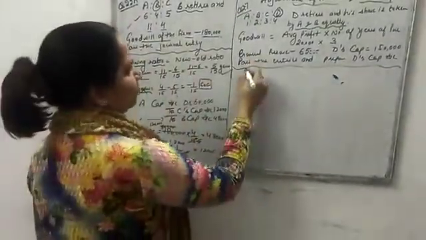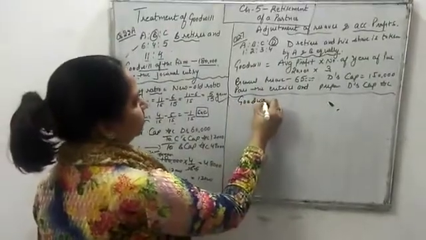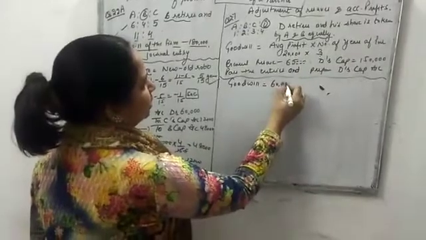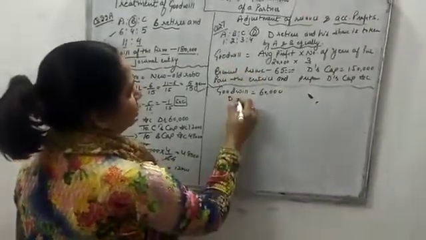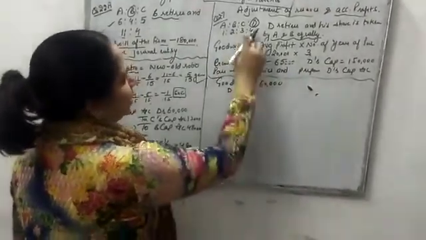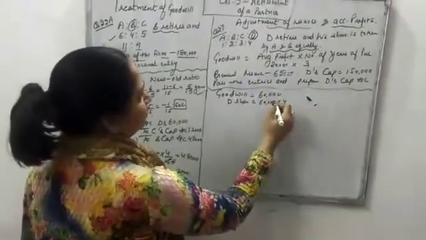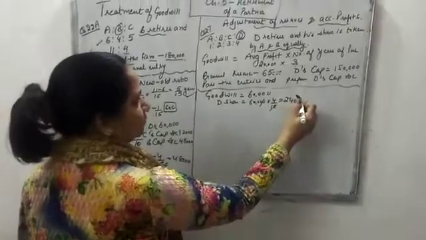First journal entry, firstly we will find out the goodwill. 20,000 multiply 3, 60,000, this is the firm's goodwill. D's share in this is 60,000 multiply 4/10, 24,000.